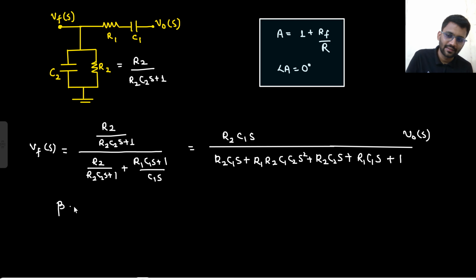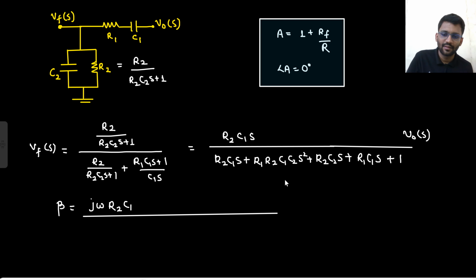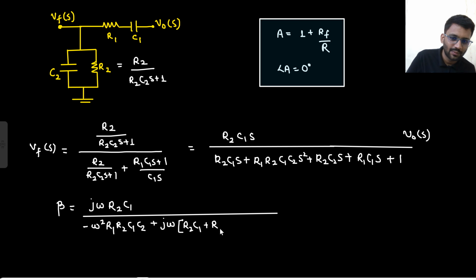So your beta is, I can replace S with j omega: j omega R2 C1 divided by minus omega square R1 R2 C1 C2 plus j omega, which will be outside, times R2 C1 plus R2 C2 plus R1 C1, and plus 1. Say yes or no.